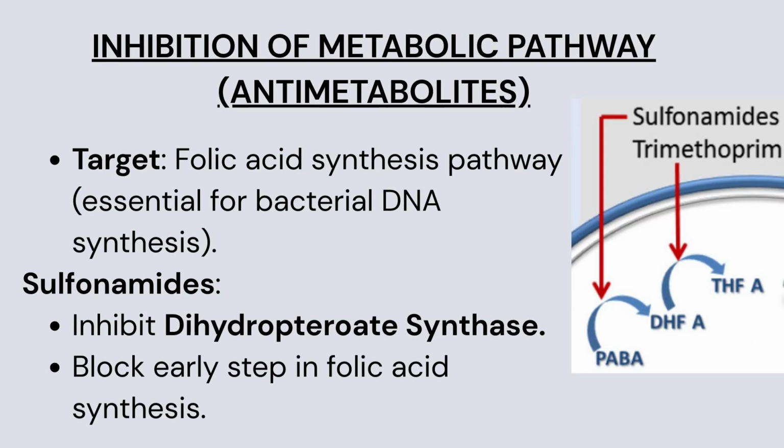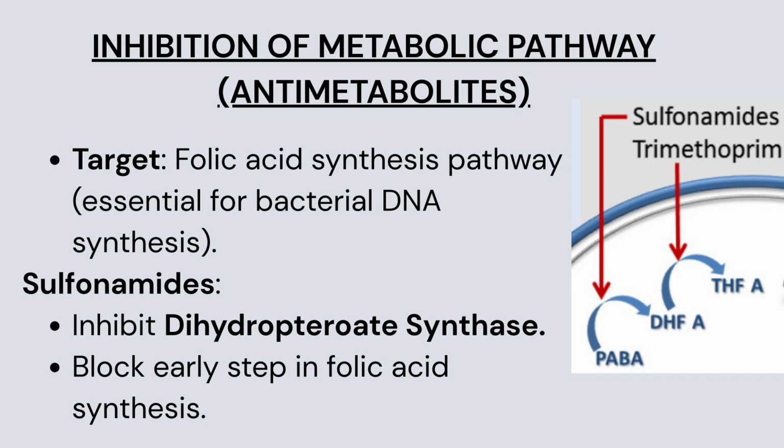Inhibition of metabolic pathway. Some antibiotics target the metabolic pathways, particularly the synthesis of folic acid. Folic acid is essential for DNA synthesis and bacterial growth, but the bacteria must synthesize it themselves while humans obtain it through diet.